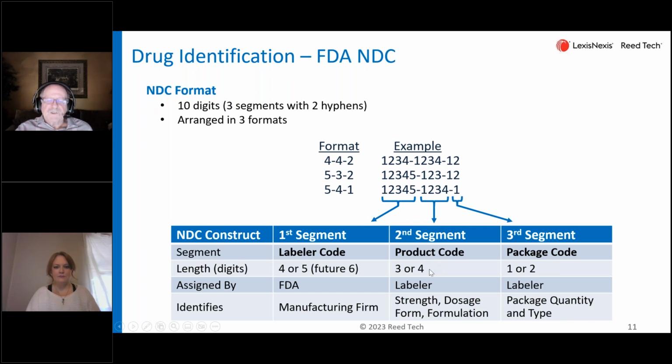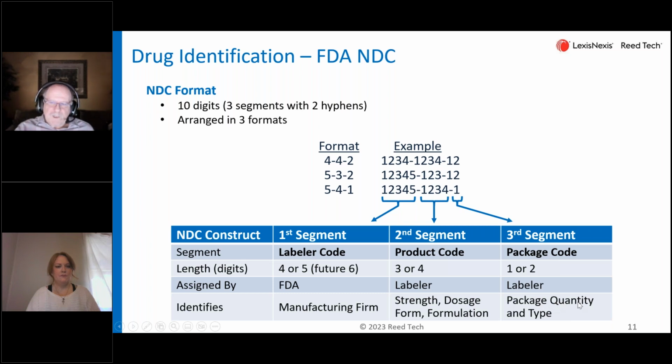If anything changes from that initial product, then you'd have to assign a second product and a corresponding product code for that second product. And then the last segment, either 1 or 2 digits, again, is the labeler's responsibility to assign. You have to look at the various types of packaging that you have. Is this a bottle? Is it a blister pack? Other types of containers.